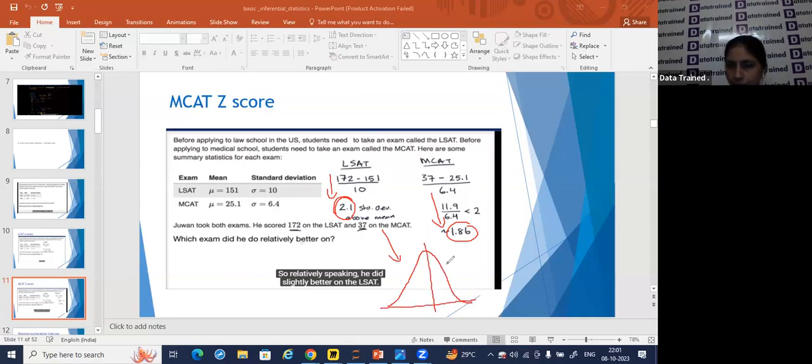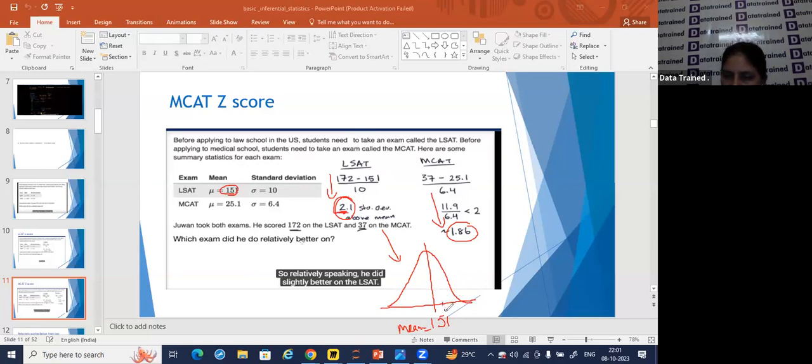What is the mean? The mean value is 151. It could be any mean. Now, how much is the standard deviation? 2.1. It is positive, so we come towards the positive side.